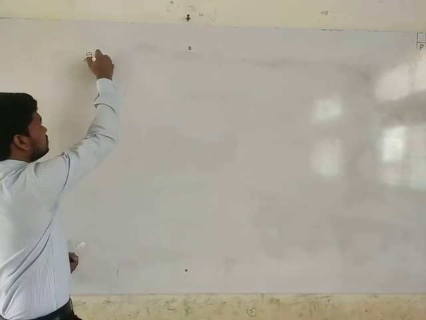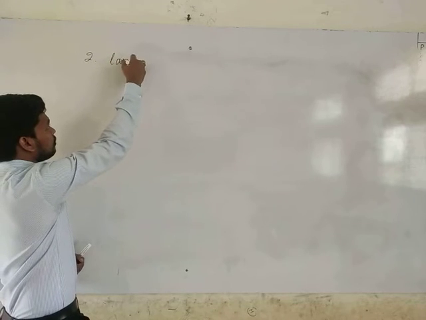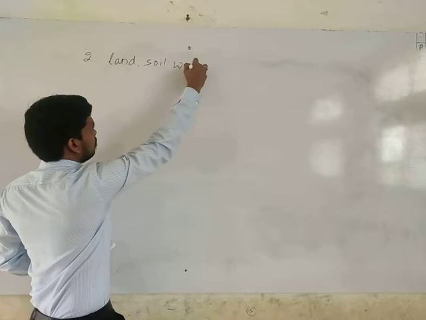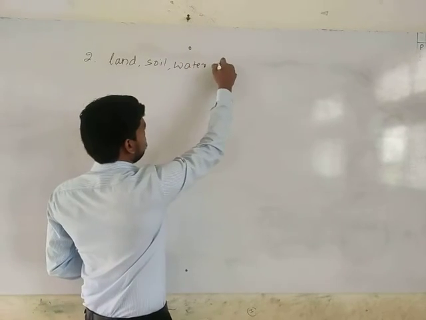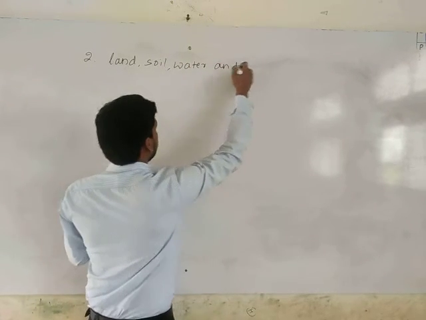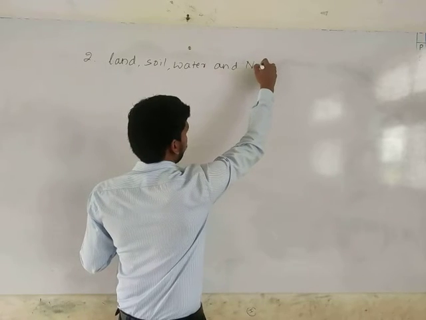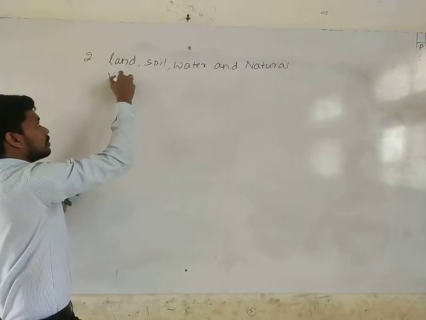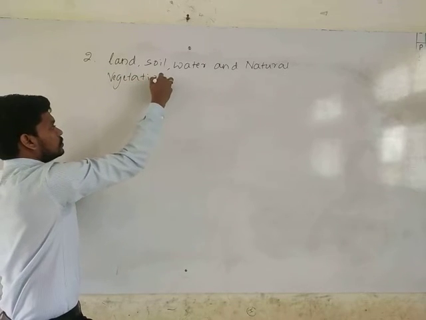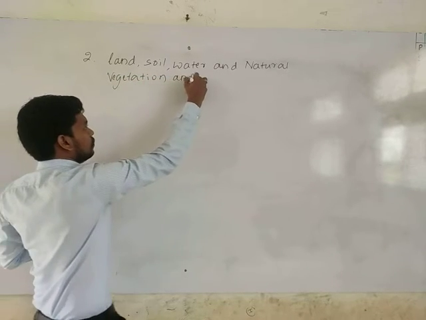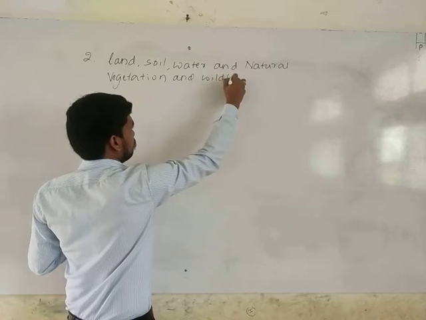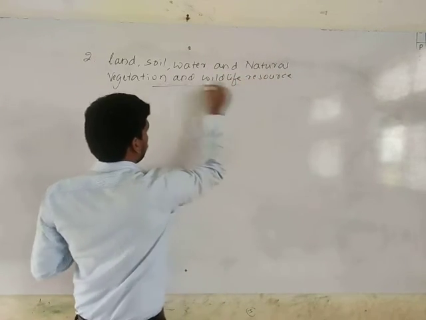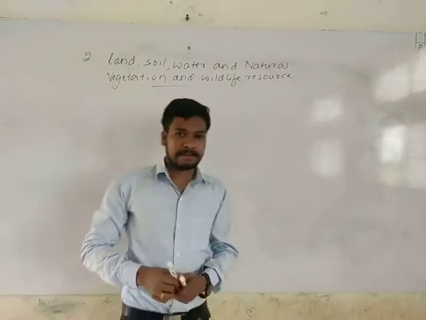The chapter has 5 concepts to discuss. The name of the chapter is Land, Soil, Water, Natural Vegetation and Wildlife Uses.